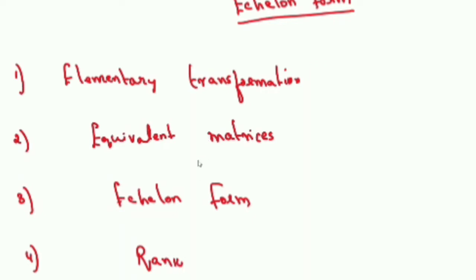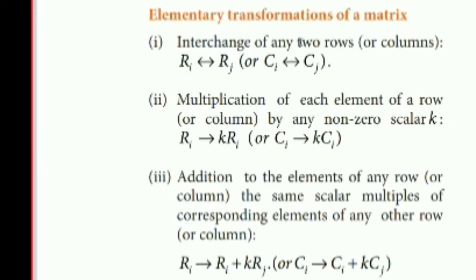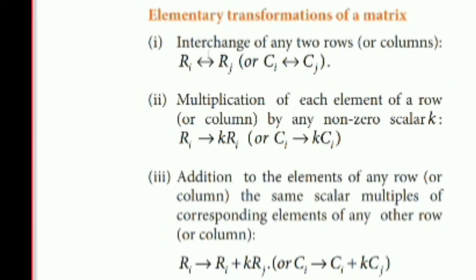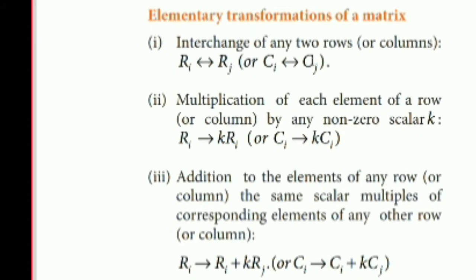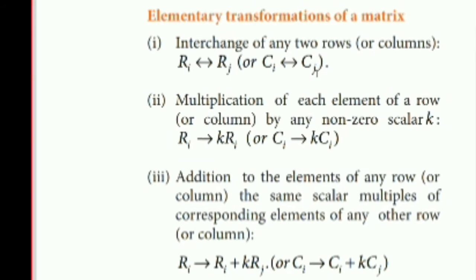So first let us see what is called elementary transformation. What is elementary transformation of a matrix? First, you can interchange any two rows or any two columns. If you are doing it with the rows, do it only with the rows, or if you are doing it with the columns, do it with the columns. Second is the multiplication of each element of a row by a non-zero scalar.